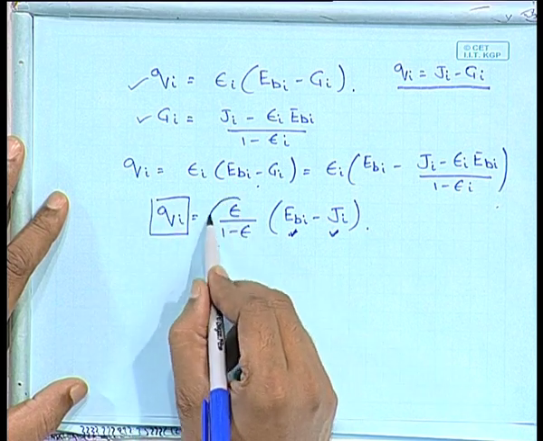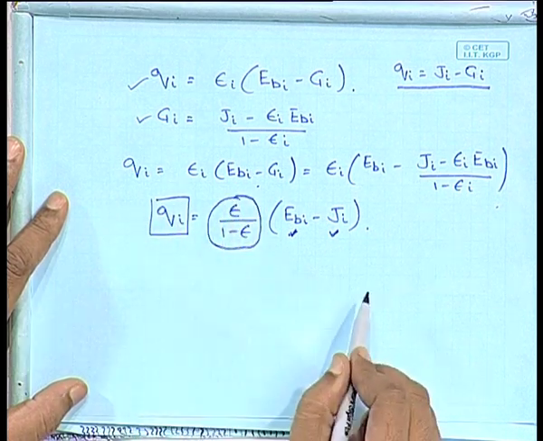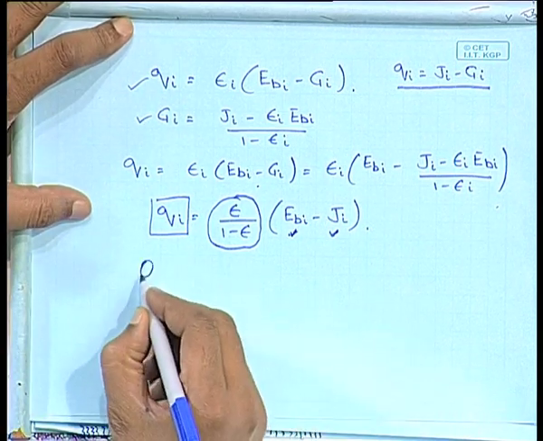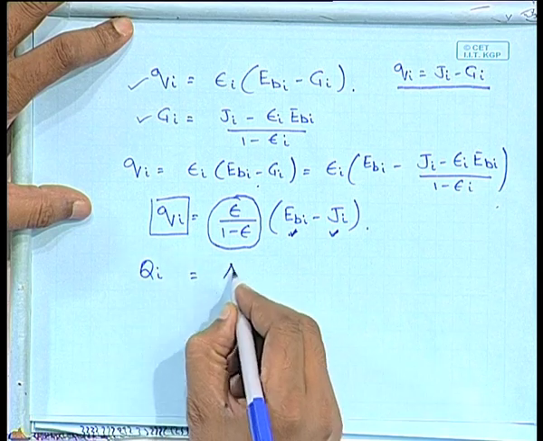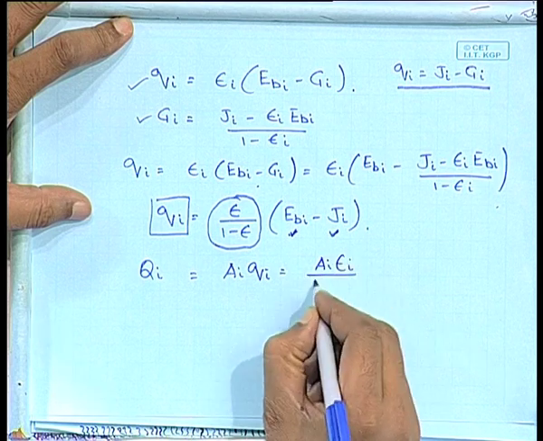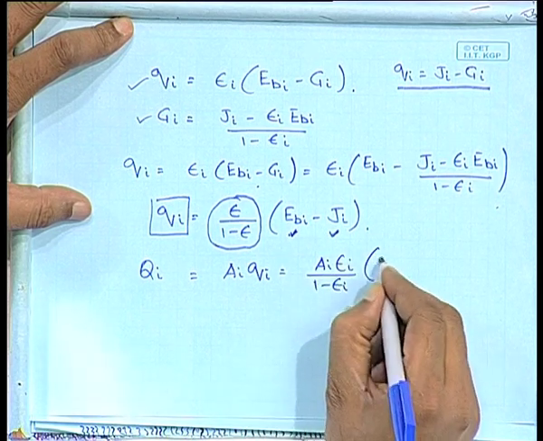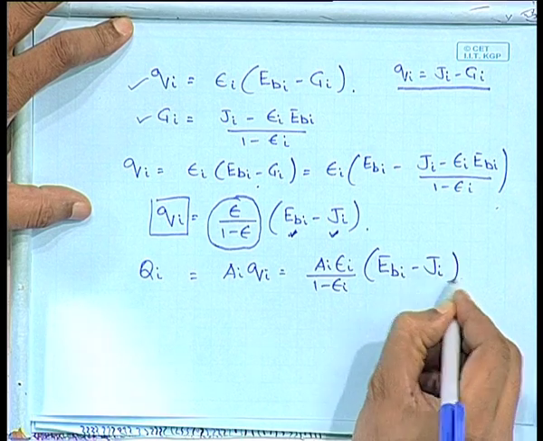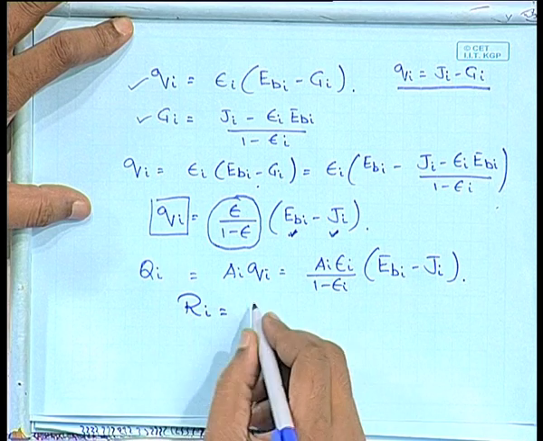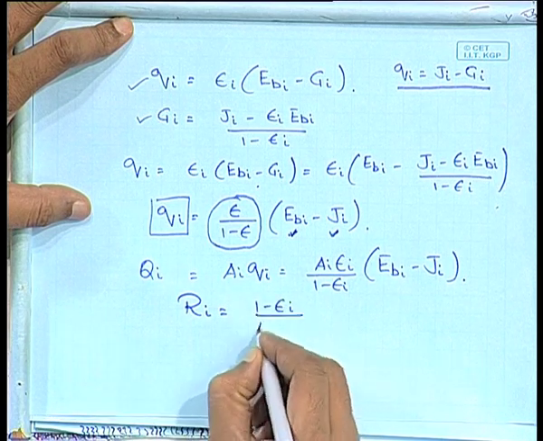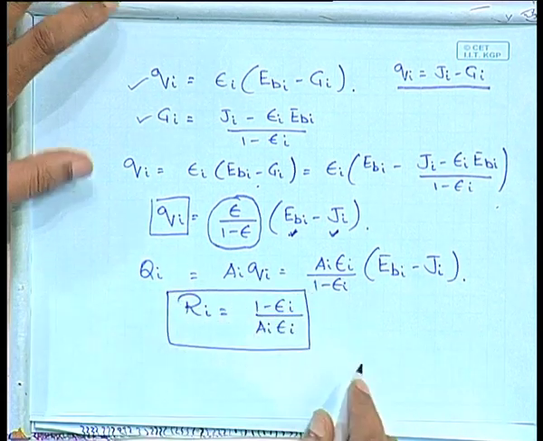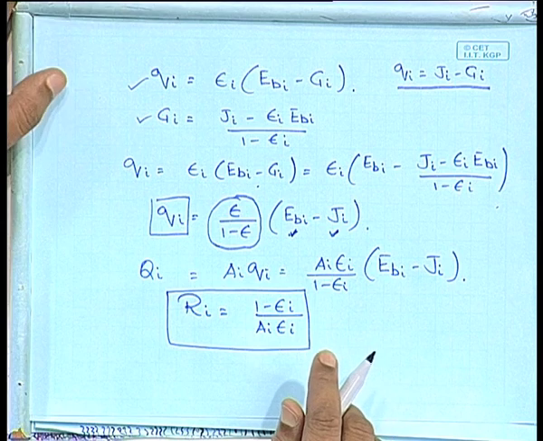They are related by this one, epsilon I by 1 minus epsilon I. So, in terms of the total amount of heat, it is Ai Qi, which would be Ai times epsilon I by 1 minus epsilon I times Ebi minus Ji. If you think in terms of Ohm's law, then the resistance is 1 minus epsilon I by Ai epsilon I. This is known as the surface resistance to radiation.